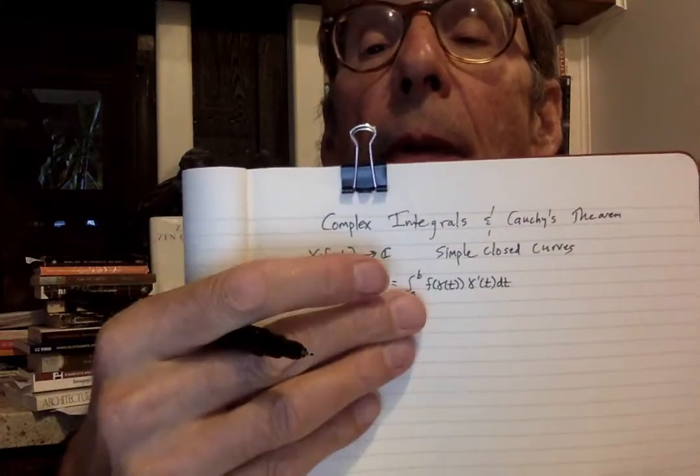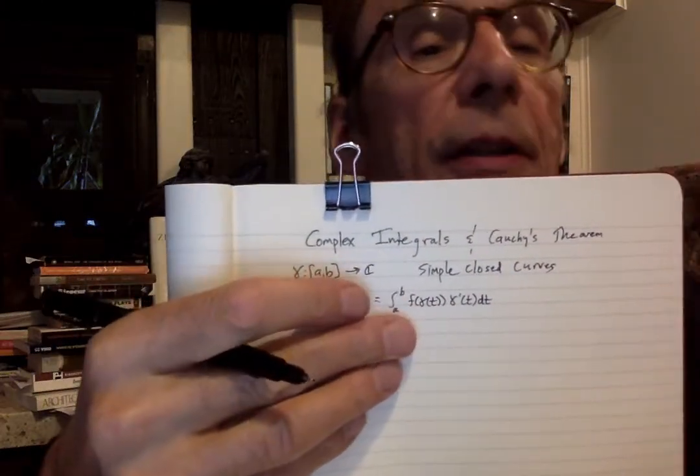Anyway, there's a simple definition here. There are two definitions. If you read Ahlfors, he goes through both and says, pick the one you like. So I'm going to pick one. And this is just straightforward how we do integrals: f of gamma of t, gamma prime of t dt.